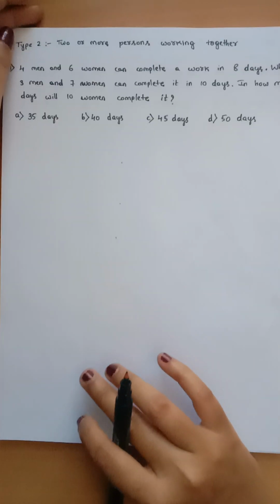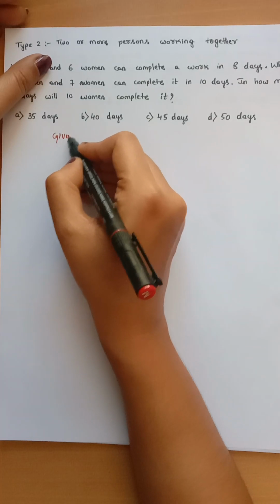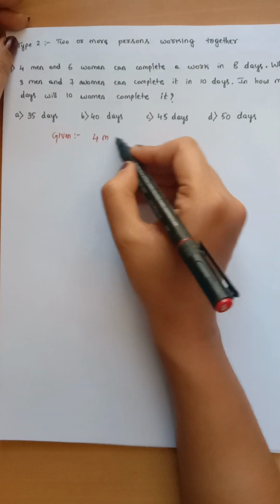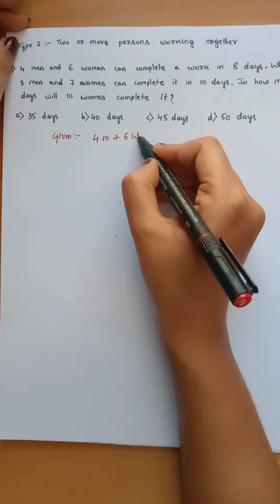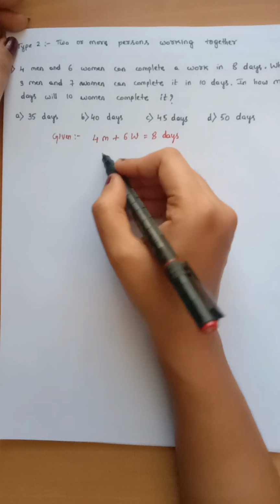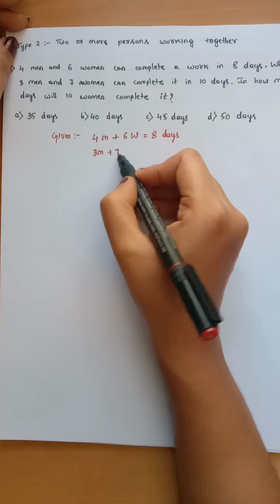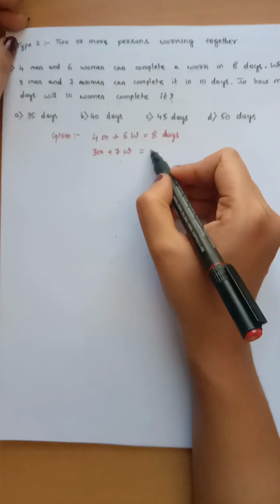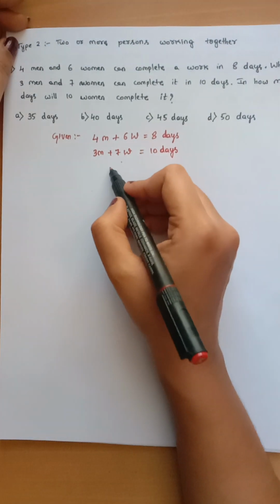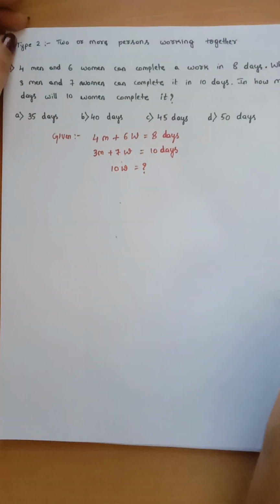Let's note down the given. 4 men plus 6 women is 8 days. 3 men plus 7 women in 10 days. The question is to find the number of days taken by 10 women.